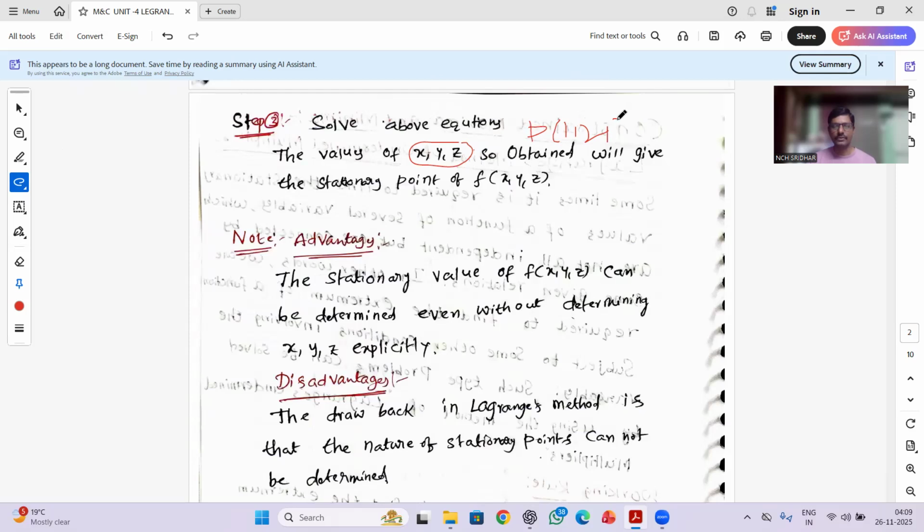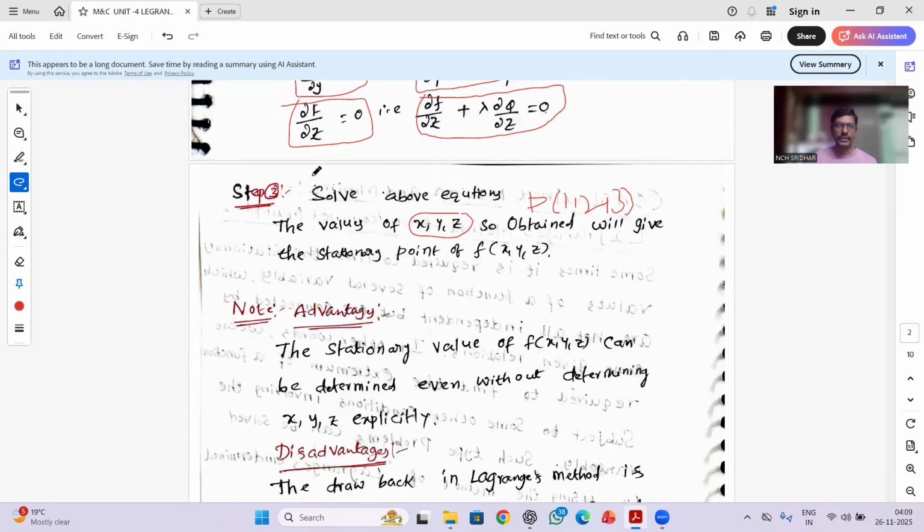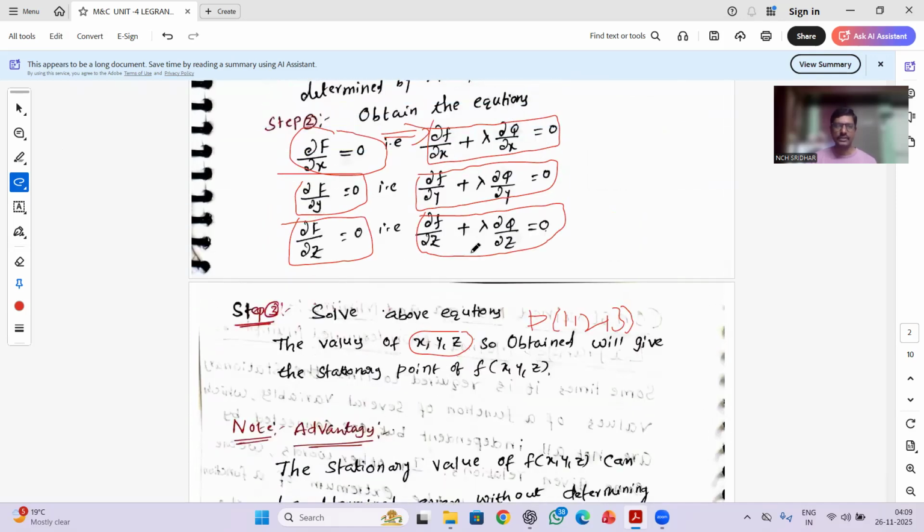Then this point P 1 comma 2 comma 3 is called a stationary point. What is meant by stationary point? At a stationary point, the function has either maximum or minimum.